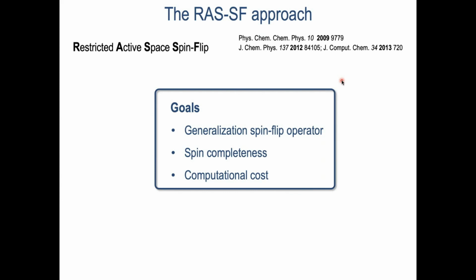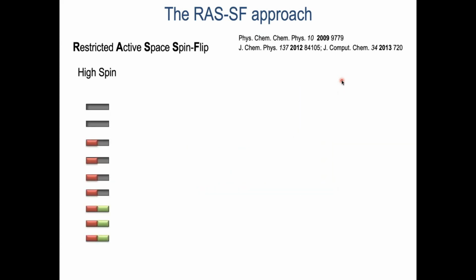And we would like to also compute rather large systems, and because of that, we will be worried about the computational cost. So, like in, let's say, a standard spin flip method, in RAS spin flip, we start from a higher spin configuration that can be a triplet or any higher spin state, like in this case, quintet.